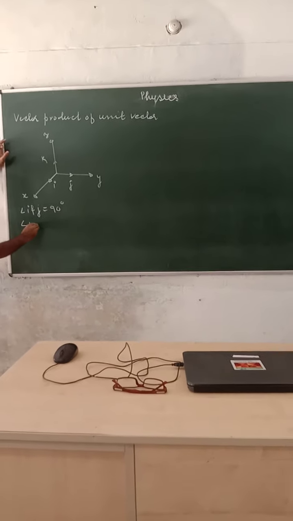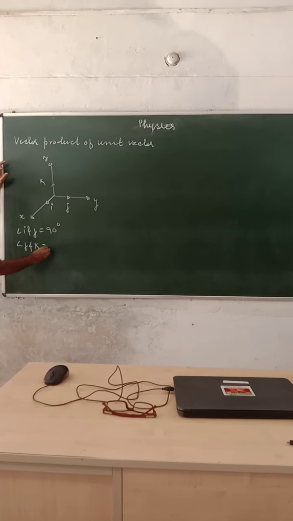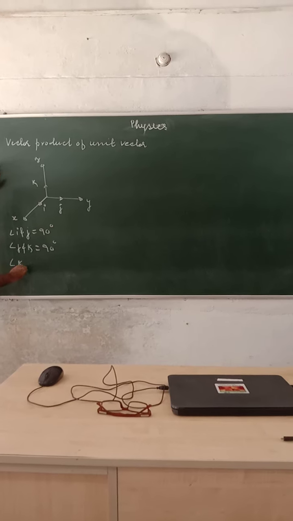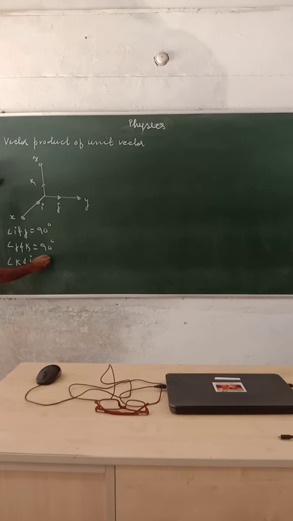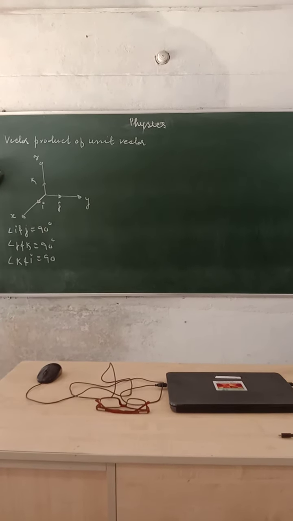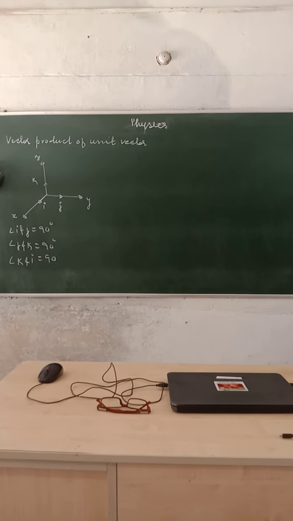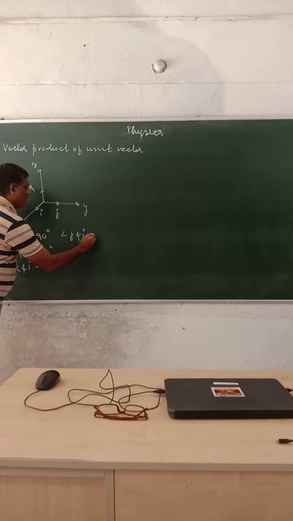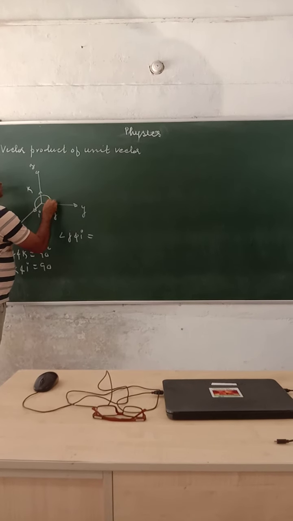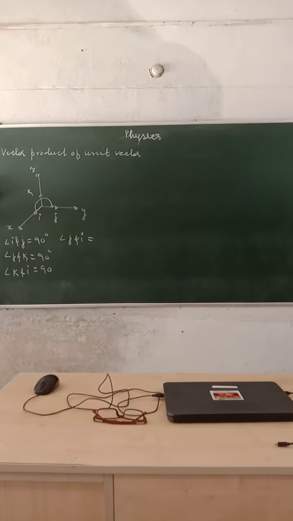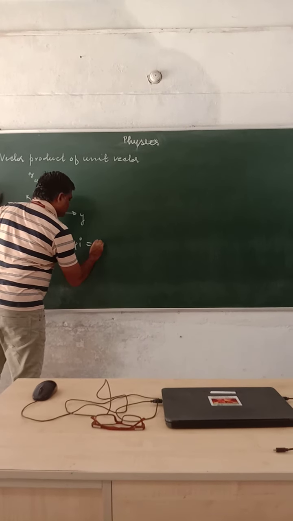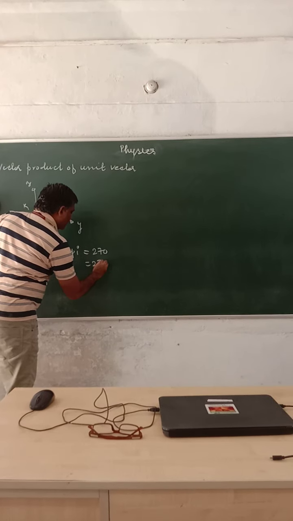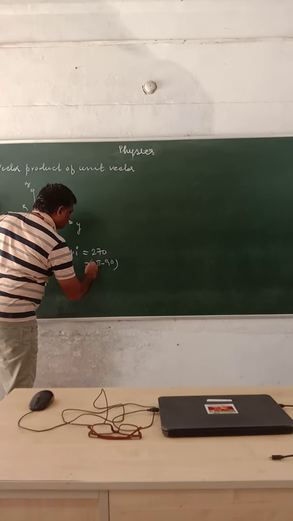Angle between j and k is equal to 90 degree. Angle between k and i is equal to 90 degree. But if I make it angle between j and i, it becomes 270 degree, which is 2 pi minus 90.